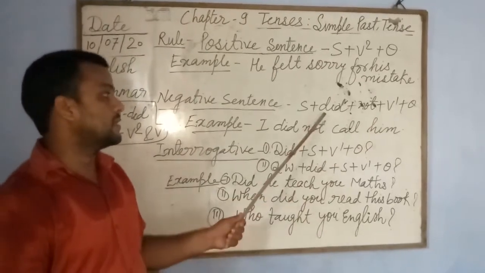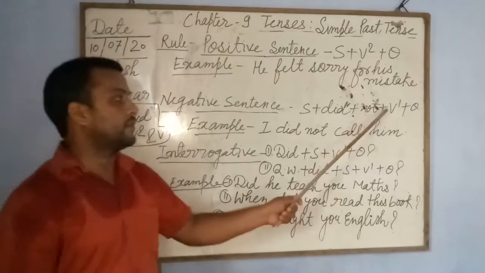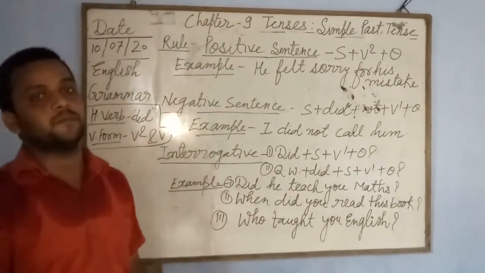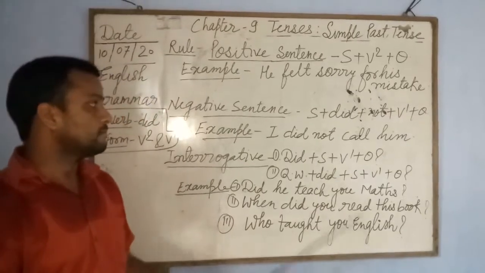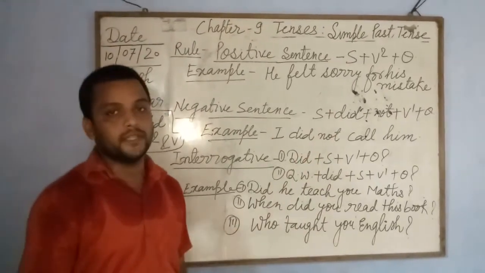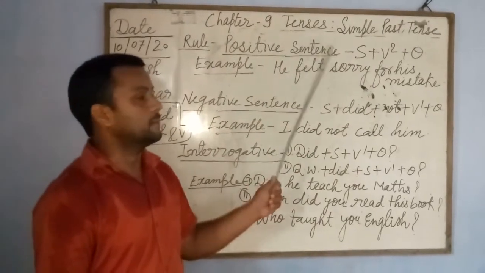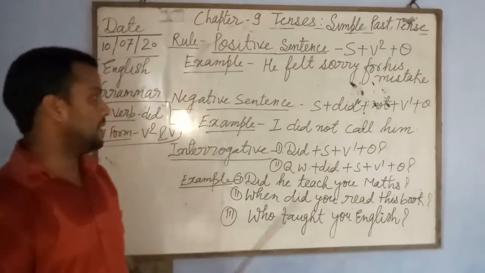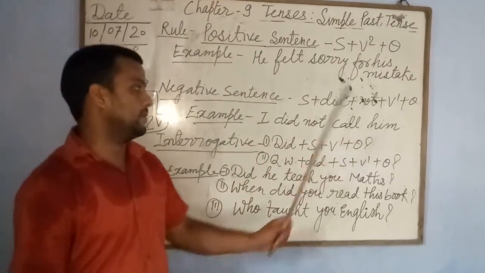Means in the presence of did, we use verb first form in simple past tense, while in the absence of did, we use verb second form in simple past tense. Clear? Example: I did not call him.